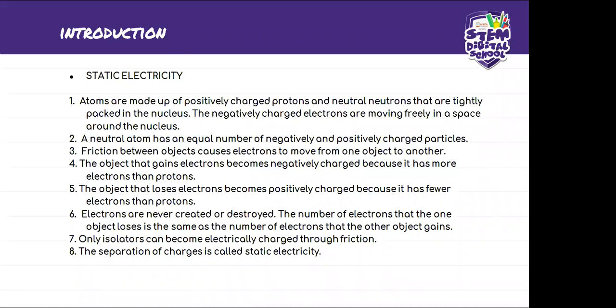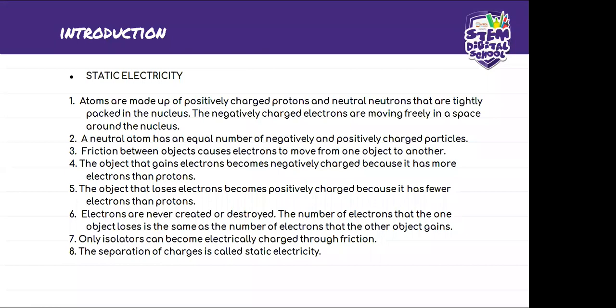Now, friction between objects causes electrons to move from one object to another. If you rub your palms, you are generating friction, and electrons are being moved from one hand to the other. Or if you are rubbing your arm or your dress and another object, we have electrons moving from one to another.